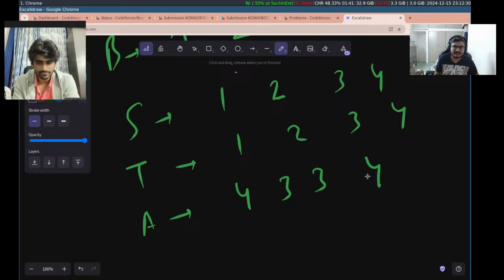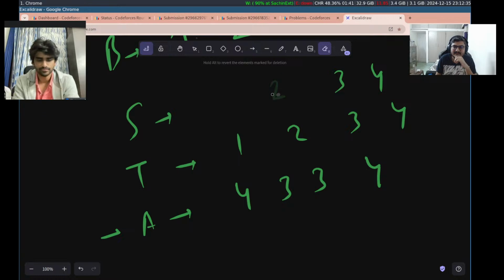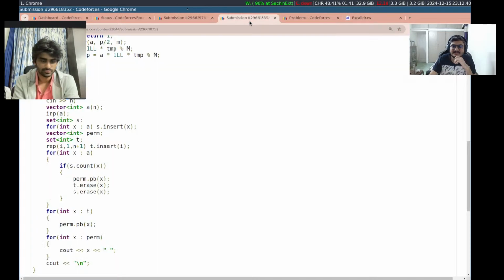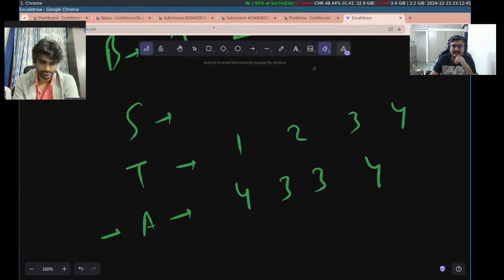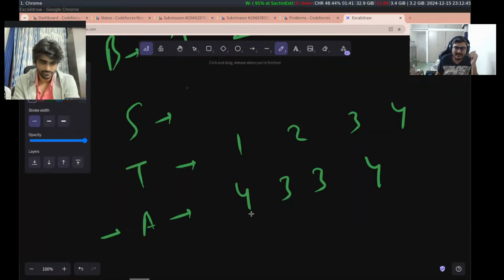Let's say this is one input. We have been given this A, which is 4 3 3 4. Initially he created set S, which will just be 3 and 4. So first he created all the numbers which appear over here in set S, which is 3 and 4.